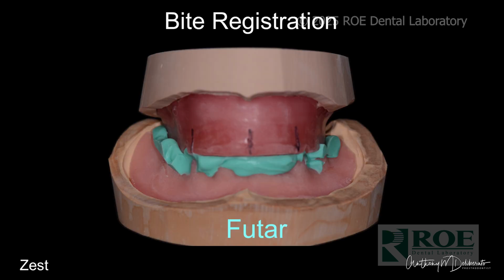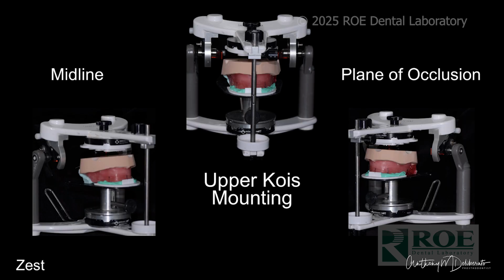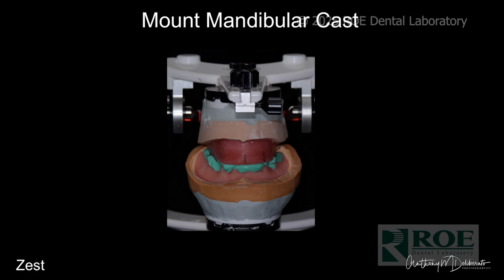That's another product by Kettenbach called Futar. And so again, this Kois gives me the proper orientation of the plane of occlusion and the ability to open and close the vertical if I think I need to change that vertical in any way.